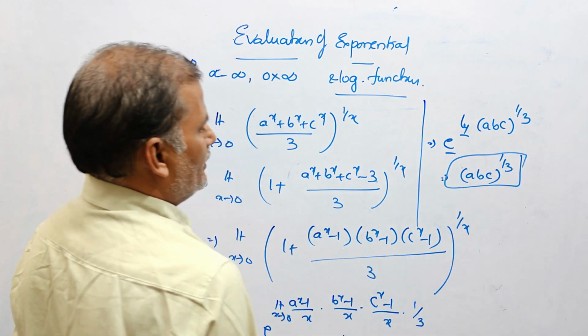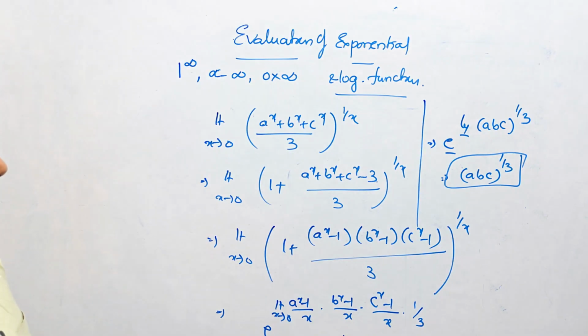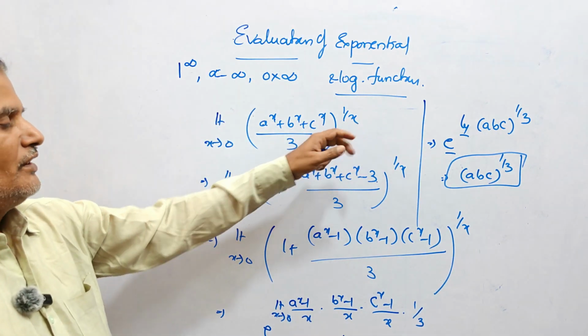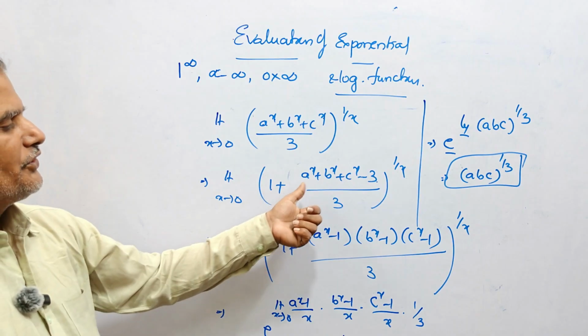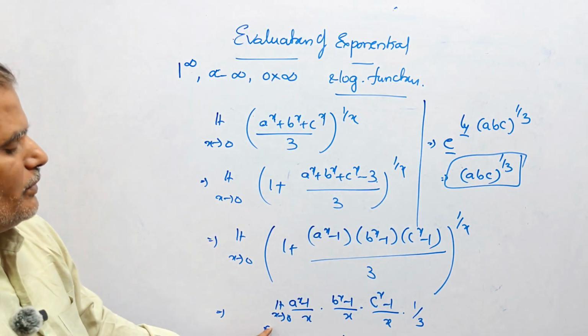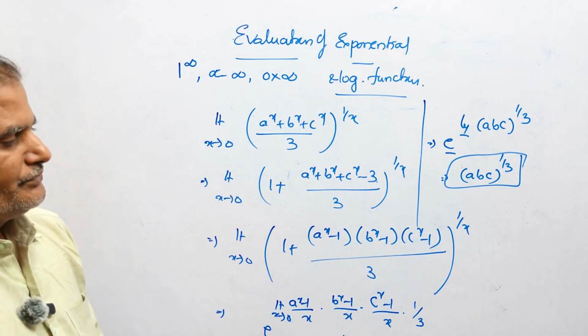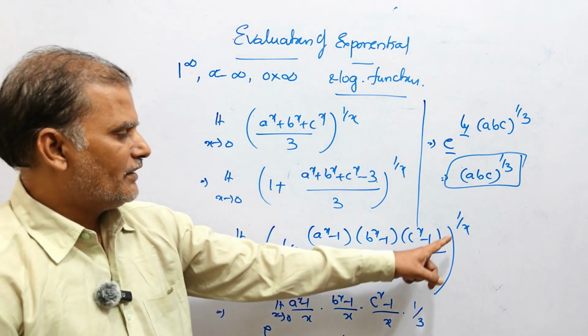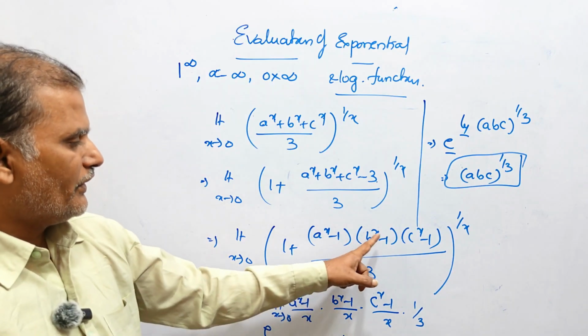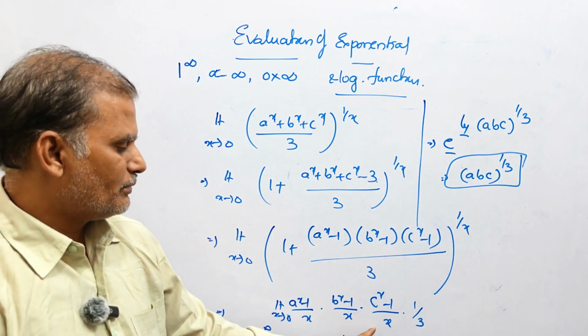This is a very, very important formula. Whenever the given problem is in 1 power infinity formation, first you convert it into 1 plus f of x power 1 by g of x. Then finally we get e power f of x into g of x. Here 1 by 3 is separated, and f of x into g of x gives a power x minus 1 by x, b power x minus 1 by x, c power x minus 1 by x.